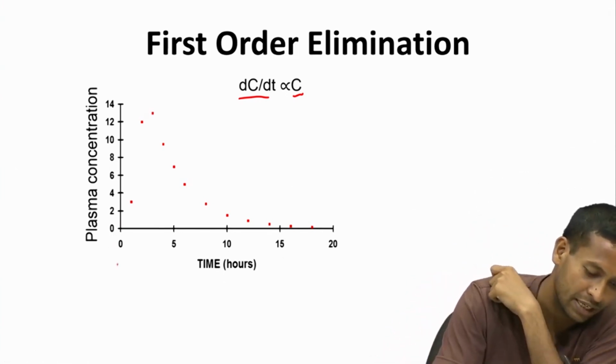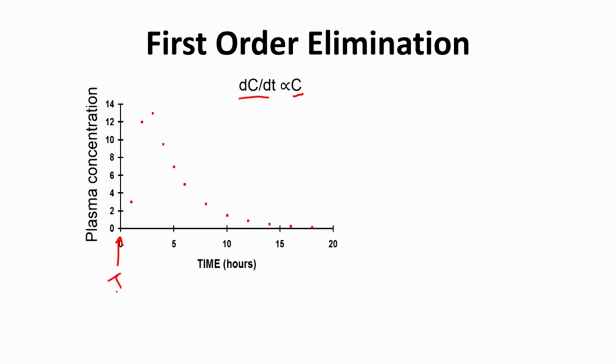So, essentially at this time there was, let us say, an IM injection, intramuscular injection, and from this time all the way up to here, the drug is building up in the blood, intravenous, and at the same time it is also getting eliminated by first order elimination. But by this time most of the drug that we injected intramuscularly has reached the plasma.